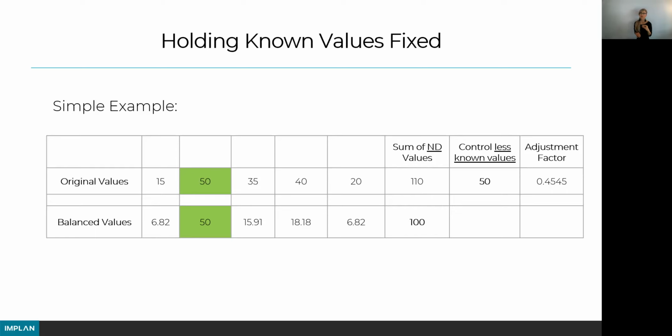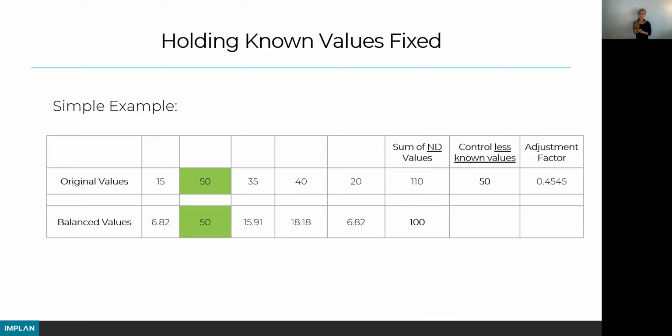So we get a ratio of the control value after we've subtracted off the known values, and we divide that by the sum of the estimates of the unknown values. So 50 divided by 110 gives us 0.4545, a different adjustment factor.